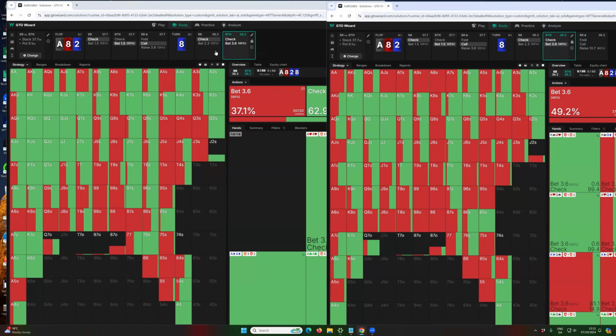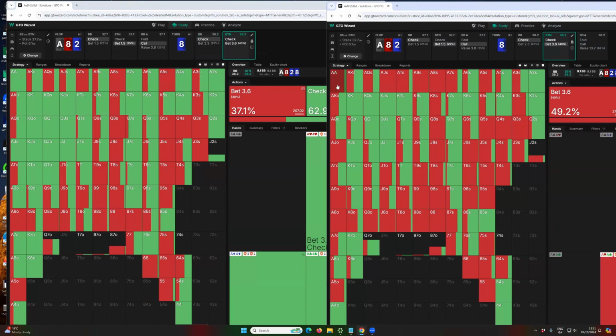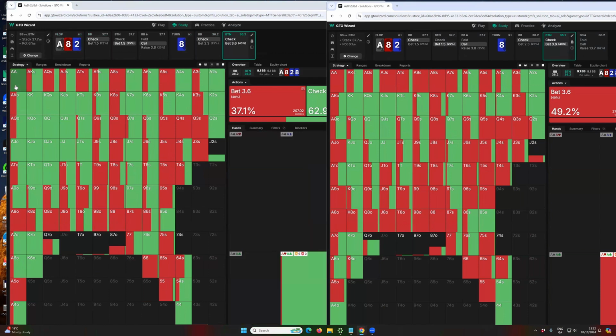And basically, you can see that against a GTO balanced player, we have to protect our checking range. So, for example, aces mostly check. But against somebody as aggressive as Lawrence, we kind of throw out the bet because he's going to do a lot more raising. So we play that part of our range much more aggressively.